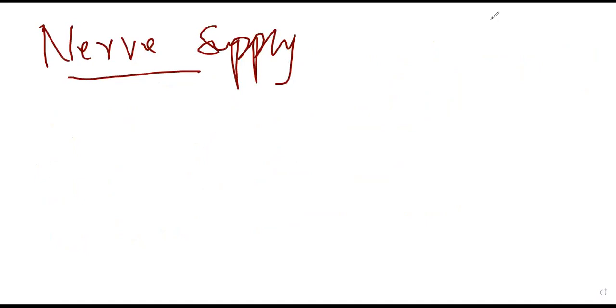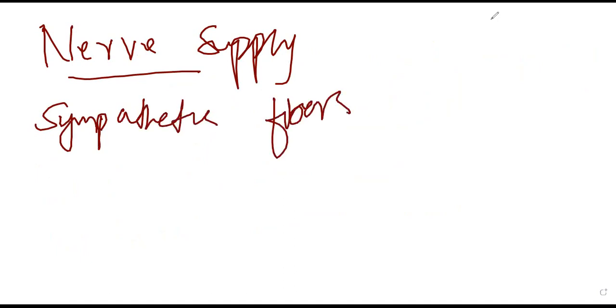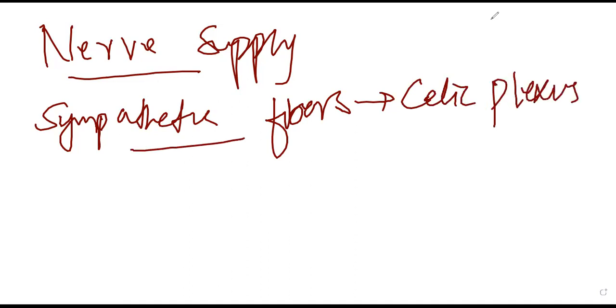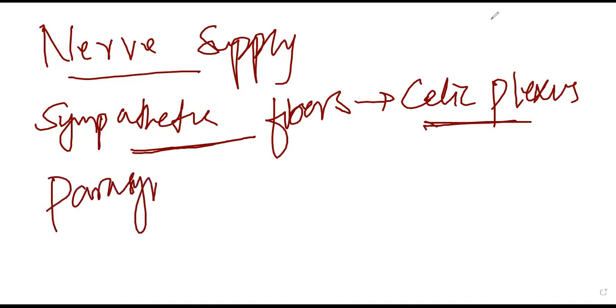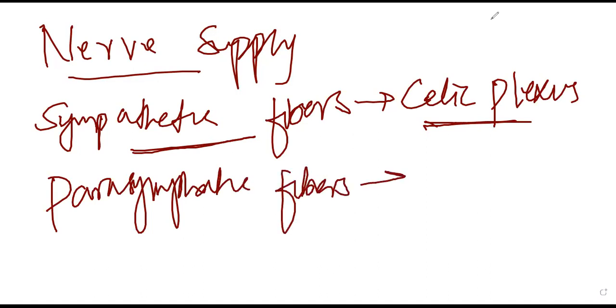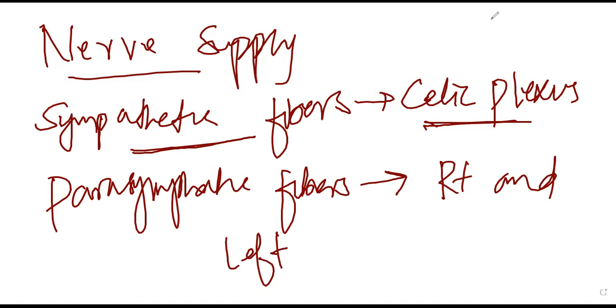So the nerve supply includes sympathetic fibers, which arise from the celiac plexus, and parasympathetic fibers which arise from the right and left vagus nerve.